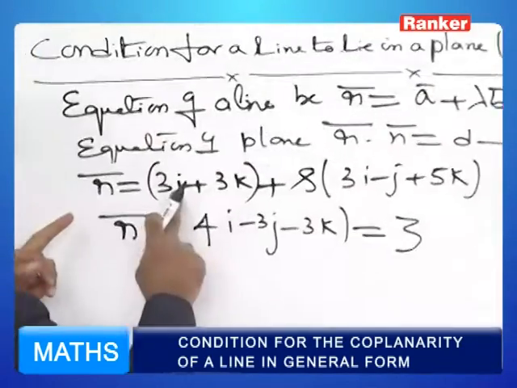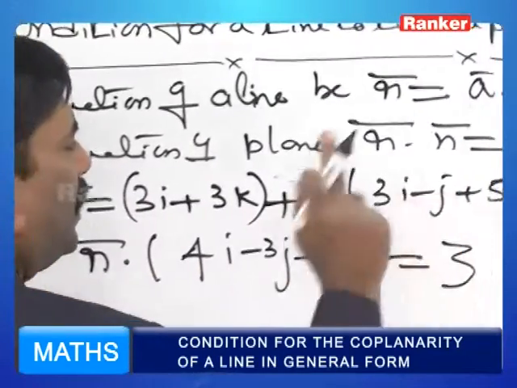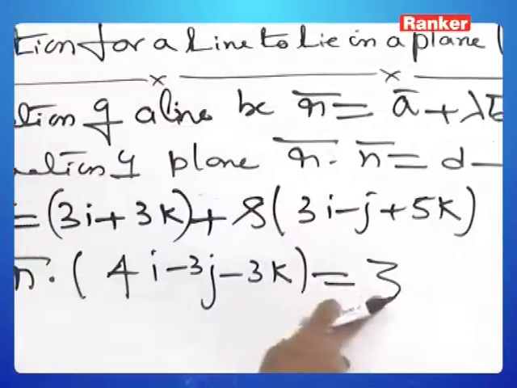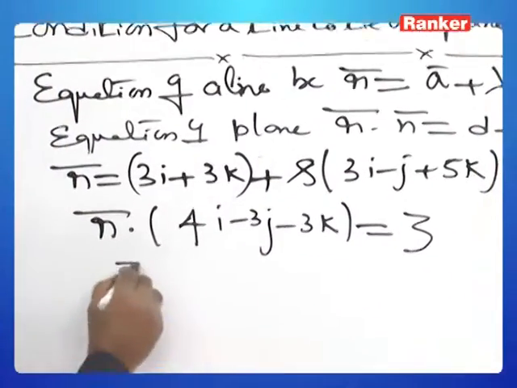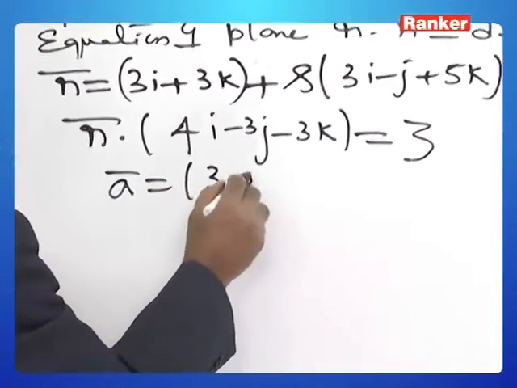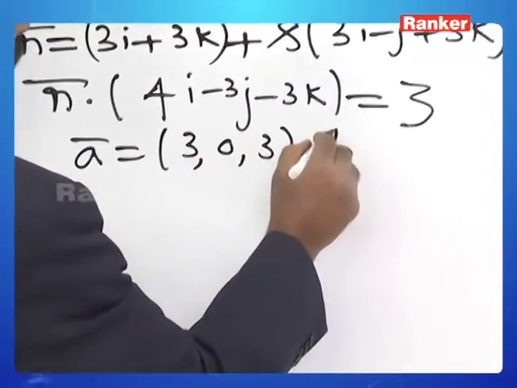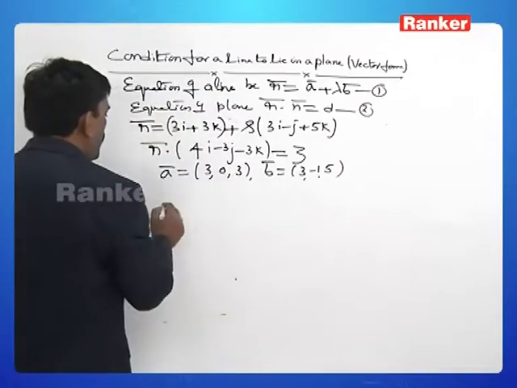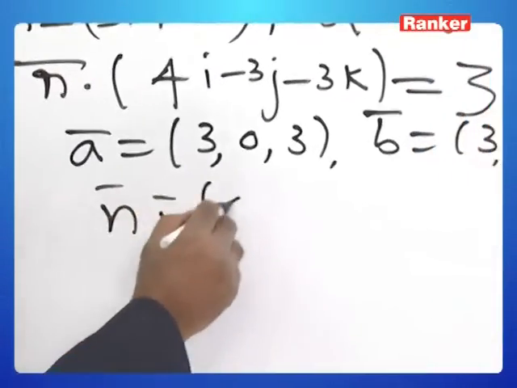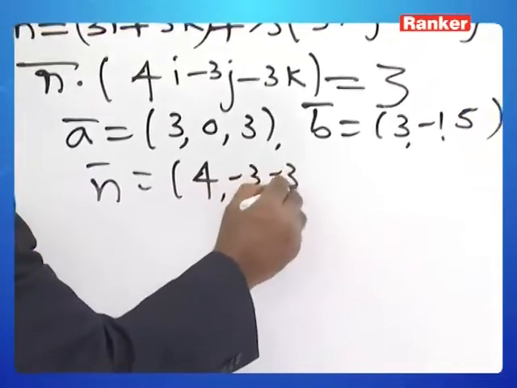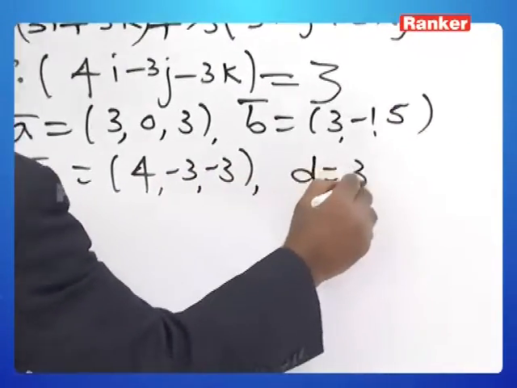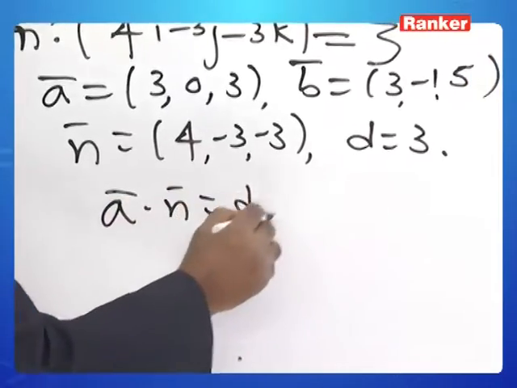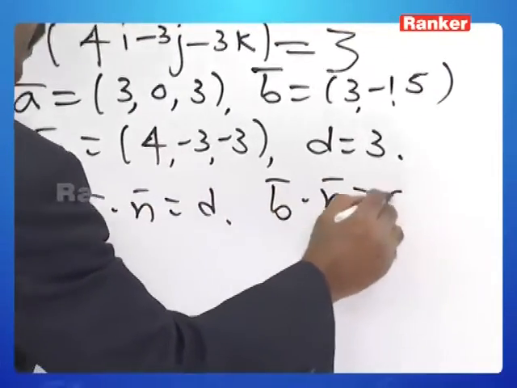Yes, students, let us verify this concept. This is r bar is equal to a bar plus lambda b bar, and r bar dot n bar is equal to 3. What is your a bar? a bar is equal to 3, 0, 3, b bar is equal to 3, minus 1, 5, and n bar is equal to 4, minus 3, minus 3, and d is equal to 3. a bar dot n bar is equal to d, and b bar dot n bar is equal to 0.